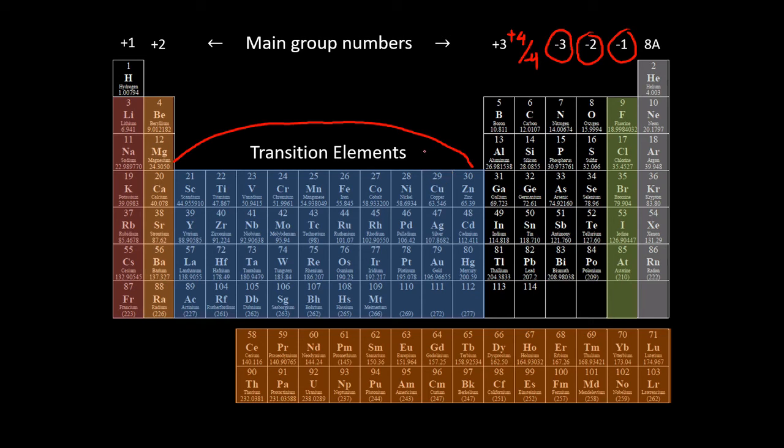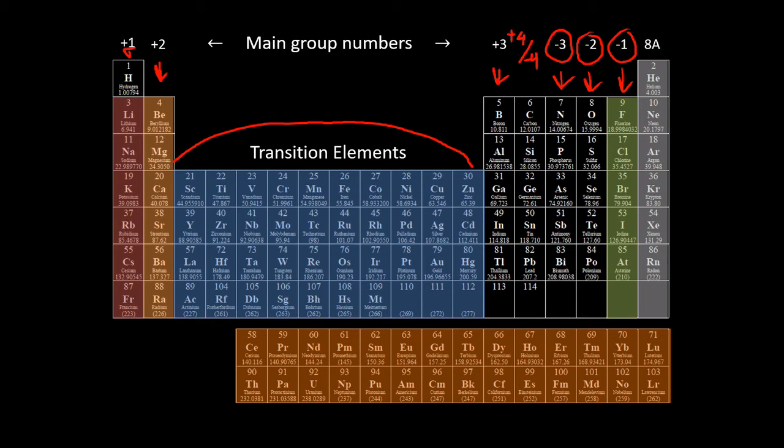We'll talk about those later. But in these main groups here, for our purposes, we are going to assume that they are always going to have these common charges. Everything in this one is going to be -1. Everything in this column is -2, -3, +3, +2, +1.